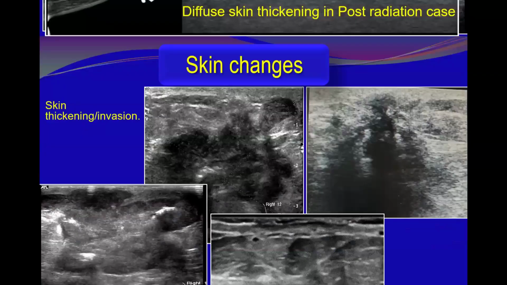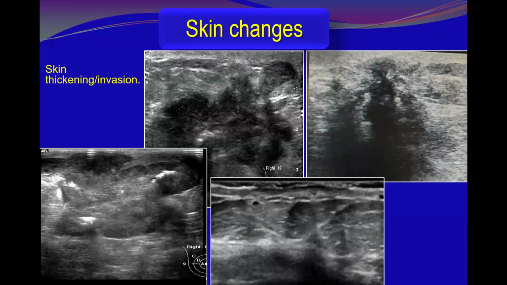Post-radiation can cause edema and skin thickening. And in this example there is direct invasion. Can you see the direct invasion? Apart from thickening, there is direct invasion of the tumor into the overlying skin.